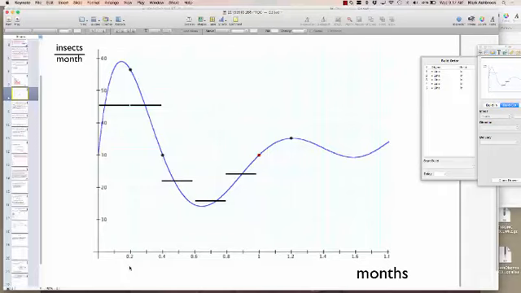But there's another way to do this, and that's to let the constant rate be the same as the actual rate of change at the starting value of the interval. So in that first interval of 0.2 months, what's the starting rate of change? 30, right? So in that whole first interval, we're going to let the rate of change be 30.